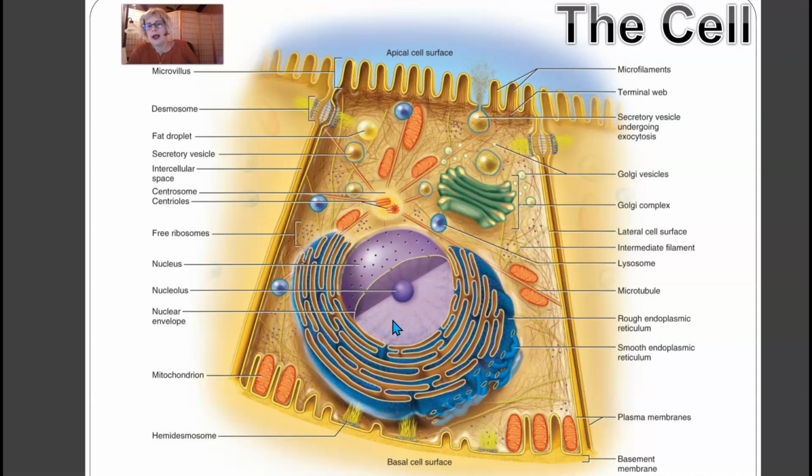And then that messenger RNA leaves the nuclear pore and attaches to a ribosome on the rough endoplasmic reticulum, and that's where that factory making center of creating the polypeptide chain of amino acids begins.